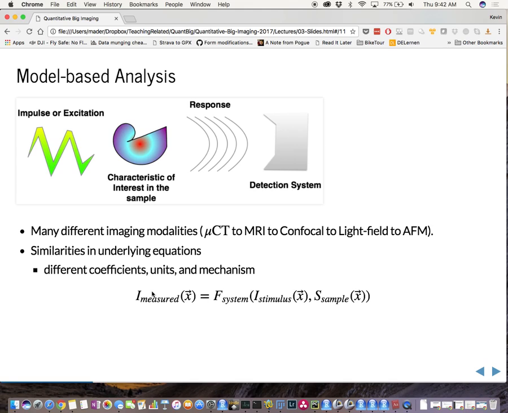The same with MRI. You then have to go back to your original sample by applying a number of different steps. With things like confocal microscopy, you're actually measuring the sample itself. And so this step is more about getting rid of background noise and enhancing the features that you're interested in in your system.